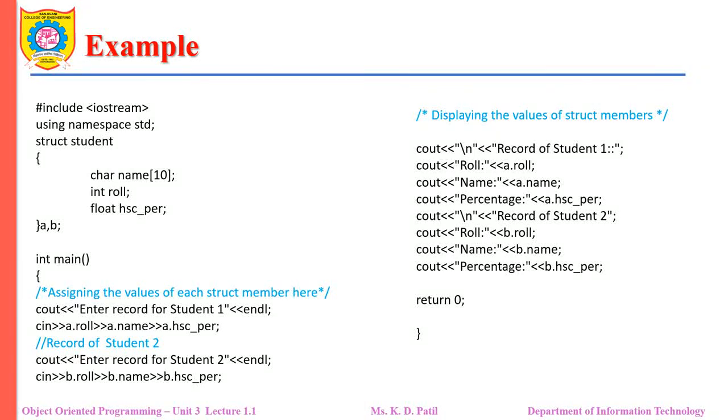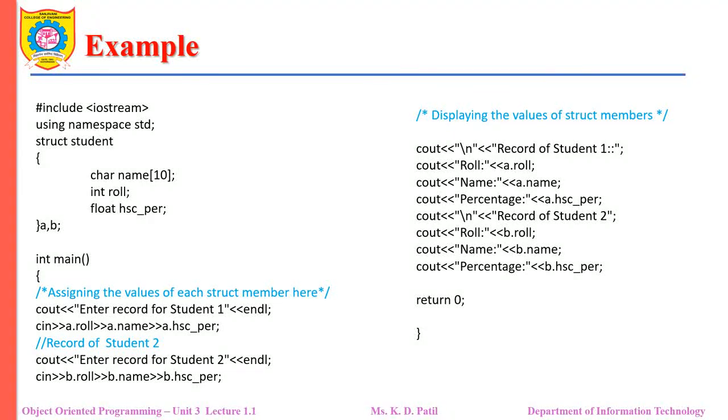While accepting the roll number, the name and the HSC percentage from the user, that data will be stored in the A object which consists of the 3 members name, roll number and HSC percentage, and I will use the syntax cin A dot role, A dot name and A dot HSC percentage.